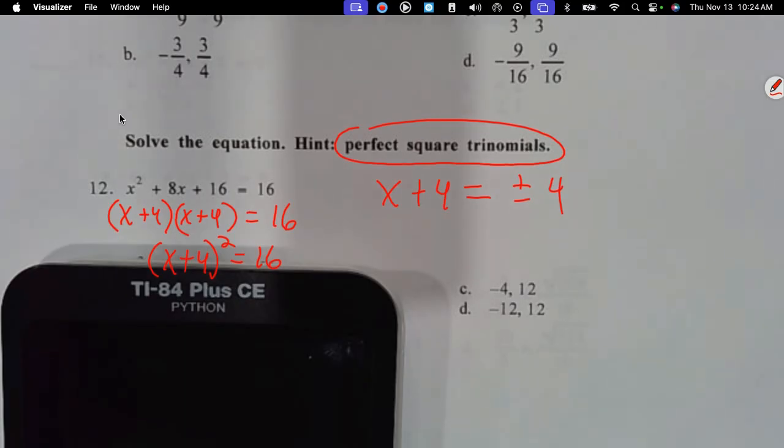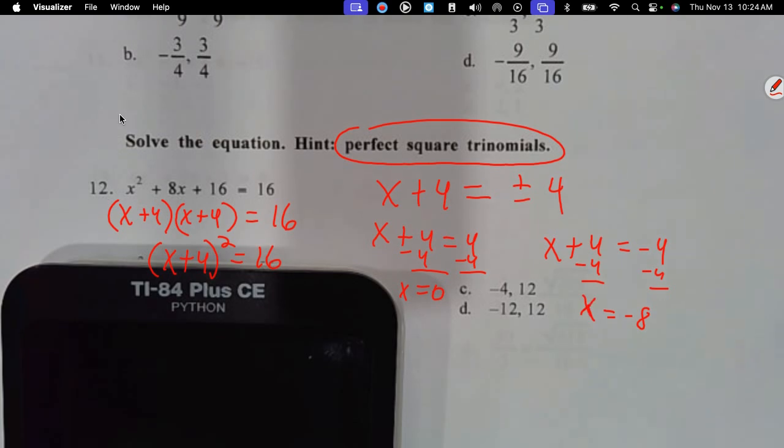Subtract 4. You get x plus 4 equals 4, and you've got the negative 4. Does everybody understand that? We've got the positive and the negative. So when we subtract, we get 0, and we get negative 8.